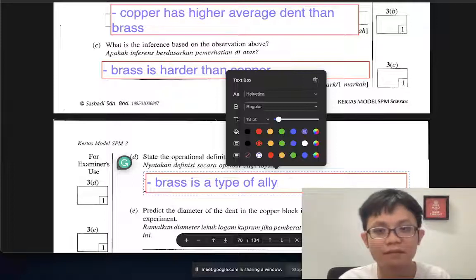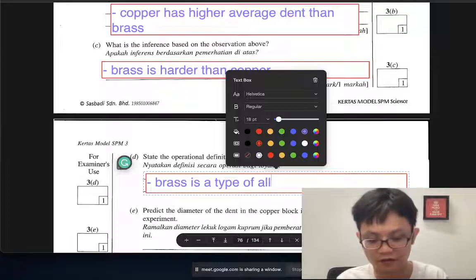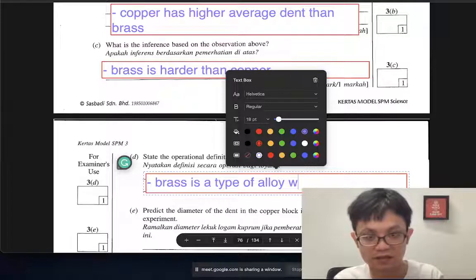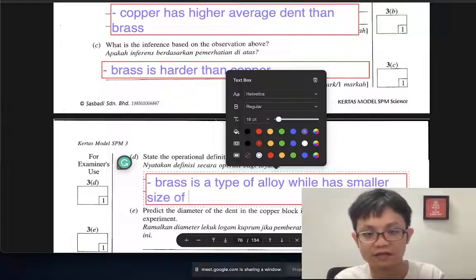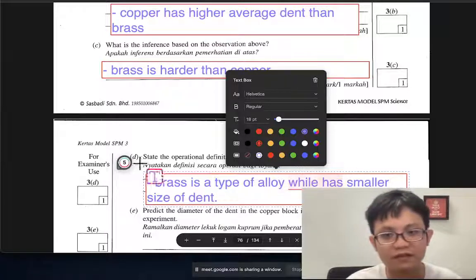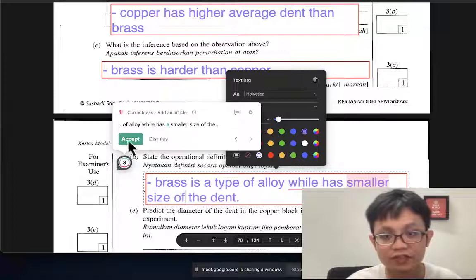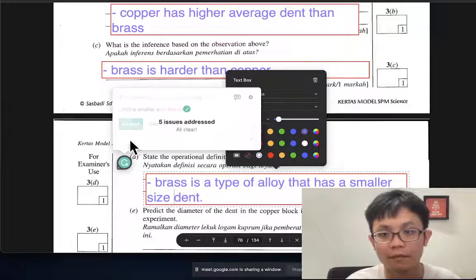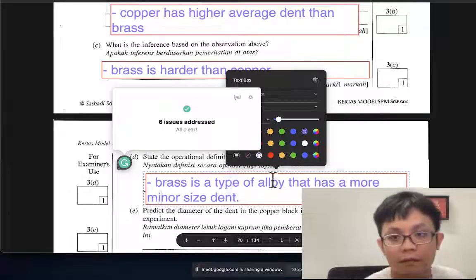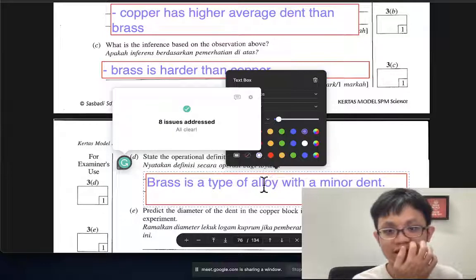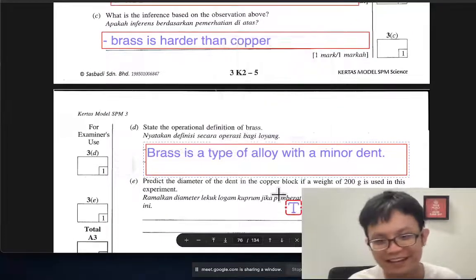Okay, brass is a type of alloy which has a smaller size of dent, for example. But if you want to type only the first part, I think it should be sufficient. Brass is a type of alloy with a minor dent.